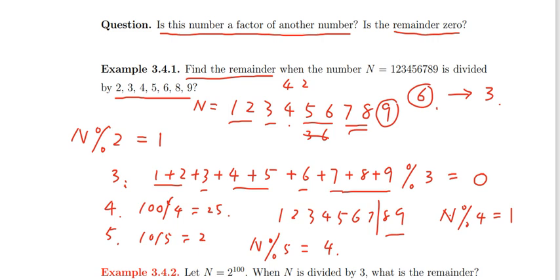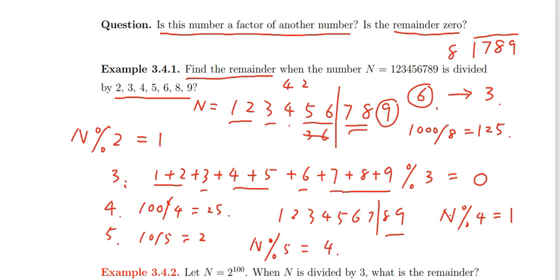So how about 8? For 8, we do not have enough space here. For 8, we just know that 1000 divided by 8 is 125. So for this number we just cut here. This part is this number multiplied by 1000, which can be divided by 8. So we just need to check 789 divided by 8 and find the remainder.